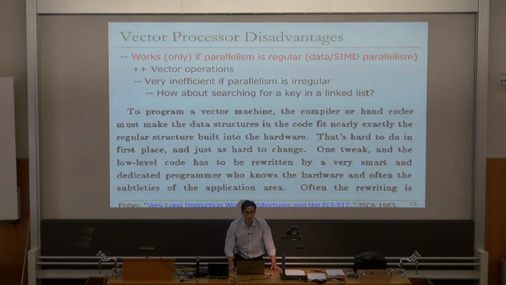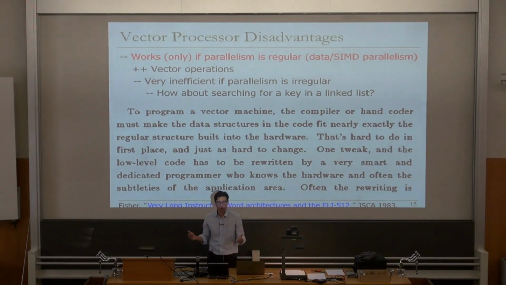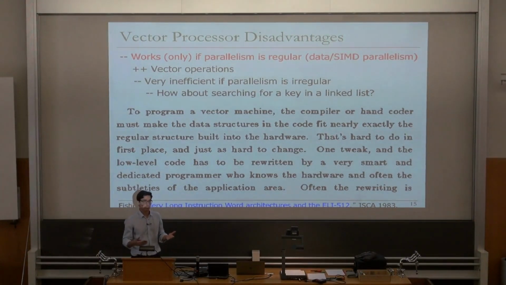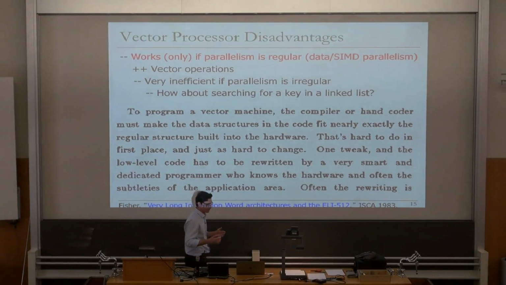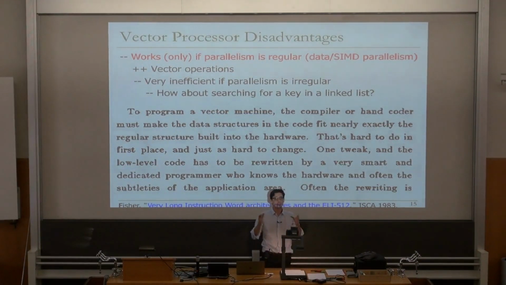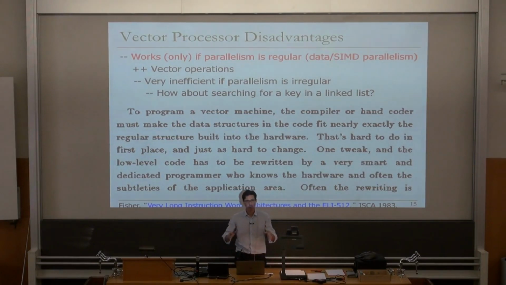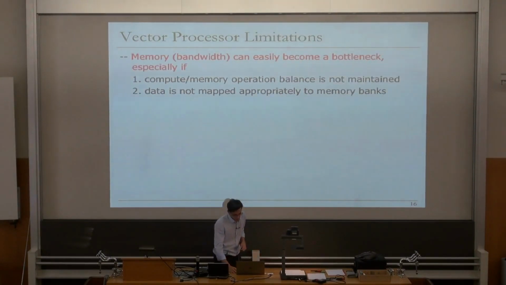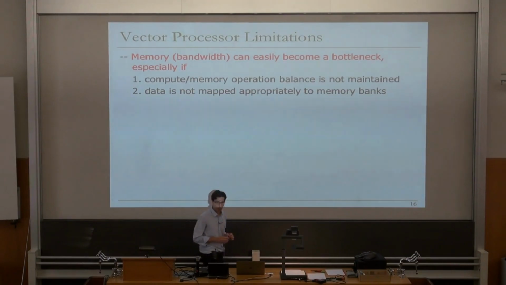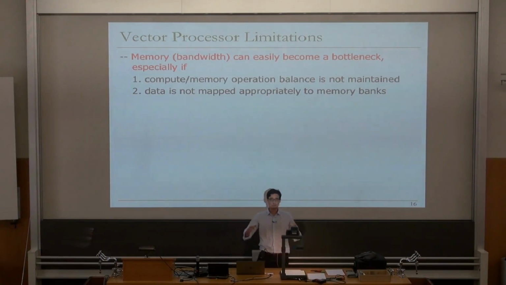Because if we really want to take full advantage of the processing power of the SIMD processor, we need to have very regular data structures that can be accessed and operated on in a very efficient way. Another potential limitation is related to the bandwidth to memory, because now we are going to operate on so many data elements at the same time.